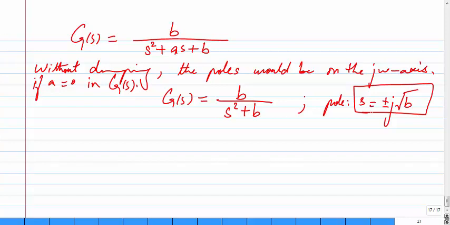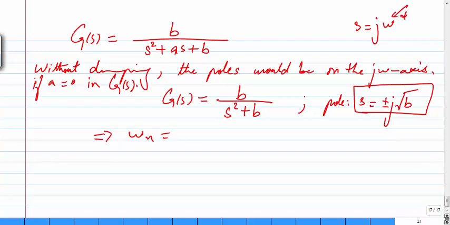By definition, the natural frequency is the frequency of oscillation when there is no damping. This implies that omega n is the frequency, because we know that s is equal to j omega.